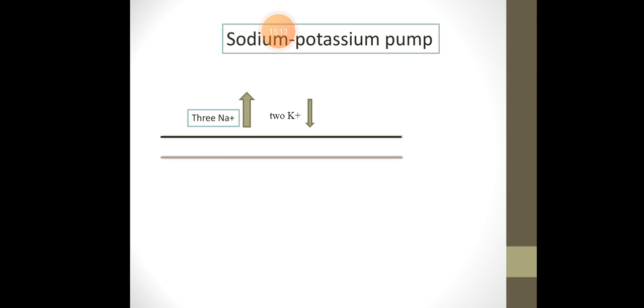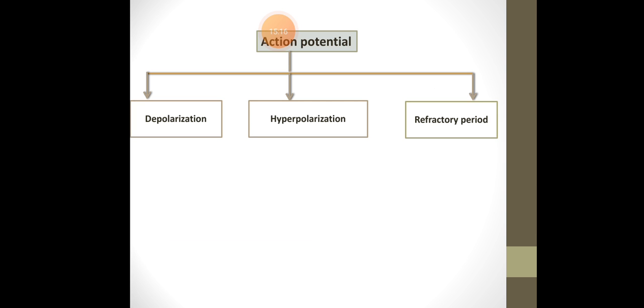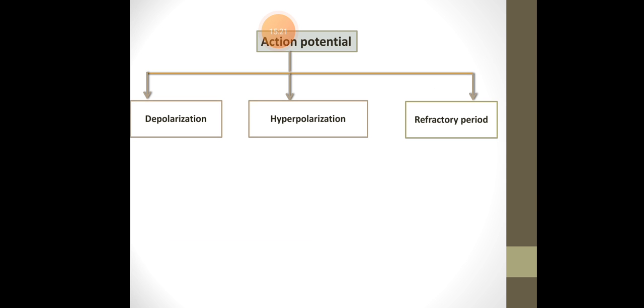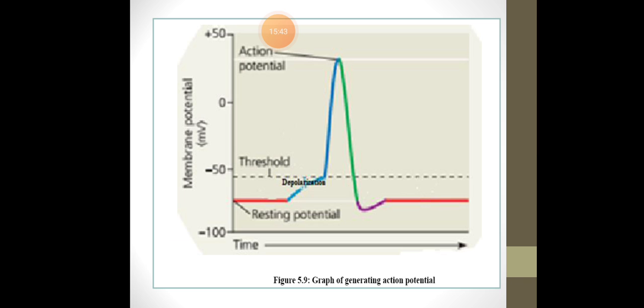That is the normal condition: inside negative, outside positive. In the action potential, the membrane potential changes above the threshold value due to the stimulant. The action potential has three phases: depolarization, repolarization, and hyperpolarization.